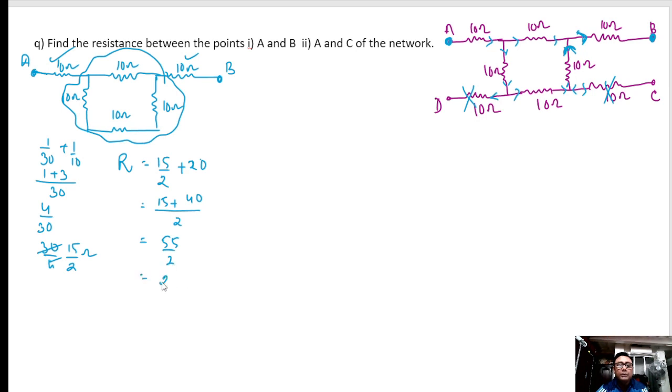So it is coming 27.5 ohms. This is the answer of the first part, which is coming RAB 27.5 ohms. Now come to R between A and C.